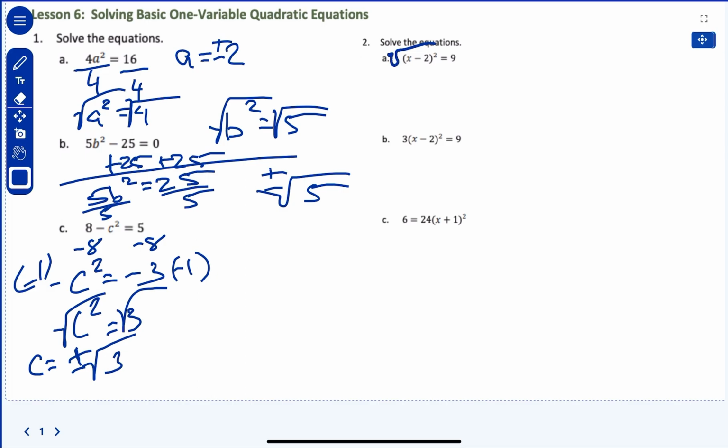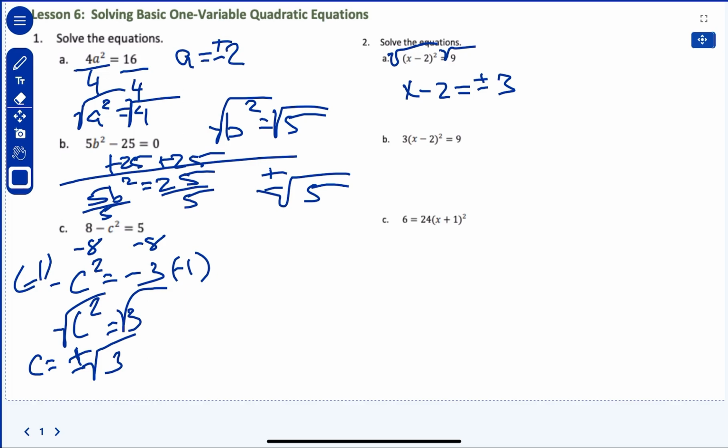Let's go ahead and do the square root of both sides. Now that's x minus 2 equals what? Okay, what are you going to do though? You're going to have to list it as plus and minus 3.